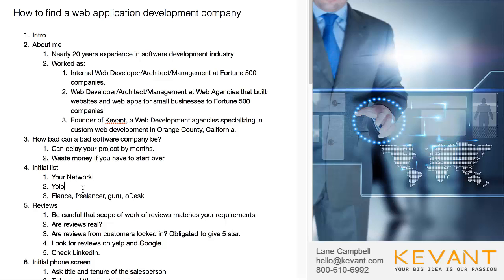And lastly, if you don't particularly need the company to be local, you can go with sites like Elance, Freelance Guru, and Odesk, and those are all websites that would allow you to post a business requirements or functional specification document for your project, and then have multiple people bid on it.